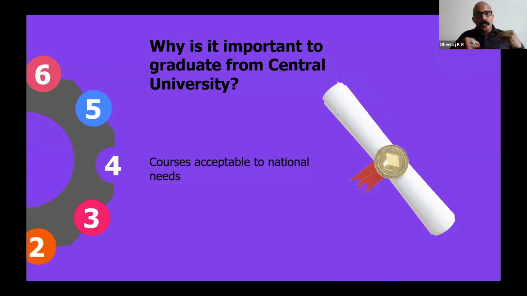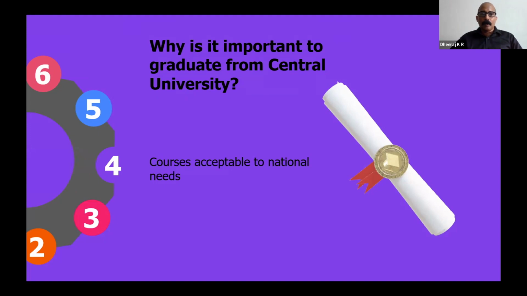But if you go to any of the central universities, the student community will be heterogeneous in nature. That means when you sit in a class, your left side student will be from Jharkhand, another person from Delhi, some other friend from Tamil Nadu. So you will be getting a cosmopolitan crowd inside the class.